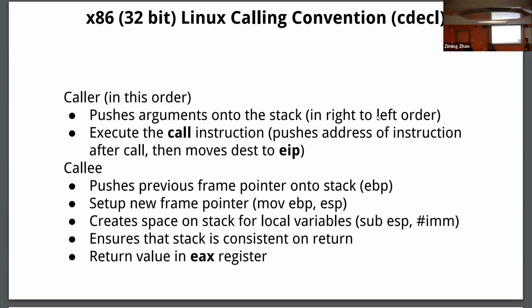After that, it will create some space for local variables. Usually it's just subtracting some number from the ESP. Then when it finishes its business logic, it makes sure that the stack is consistent, and also puts the return value in the EAX register.